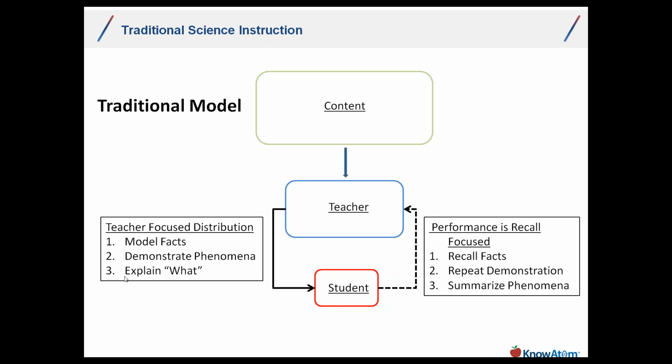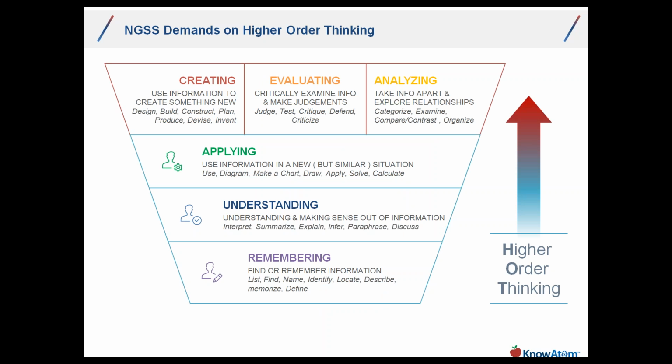The issue with this is that there's not really an experience involved here. There's no problem solving involved. And so it's really recall. It's lower order thinking: remembering, understanding, and applying. And what the Next Generation Science Standards are really looking for, through the science and engineering practices and the cross-cutting concepts, is for students to be able to create, evaluate, and analyze simultaneously.